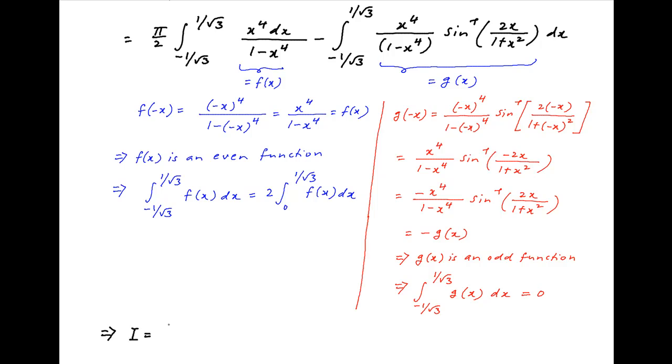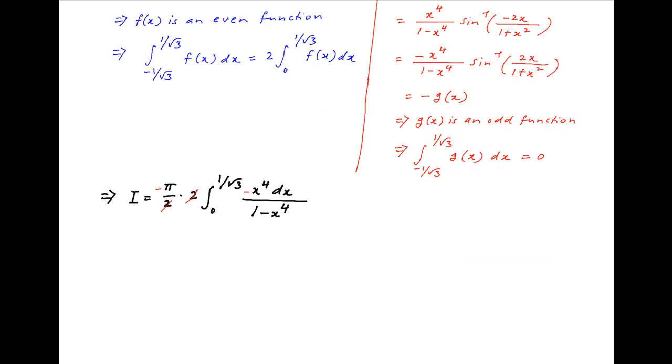Therefore, the given integral I simplifies to pi upon 2 times integral 0 to 1 upon root 3 f(x) dx, and f(x) is equal to x raised to the power 4 divided by 1 minus x raised to the power 4. This can be rewritten as minus pi times integral 0 to 1 upon root 3 of minus x raised to the power 4 dx divided by 1 minus x raised to the power 4.